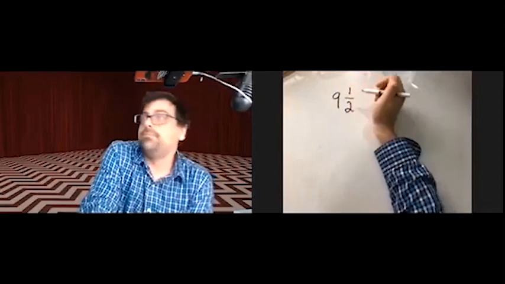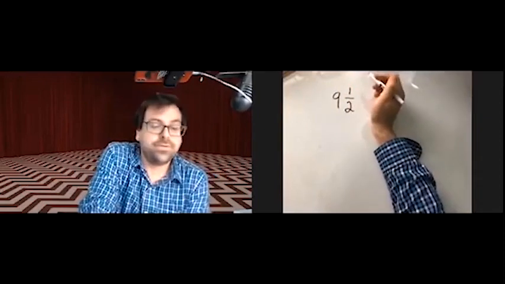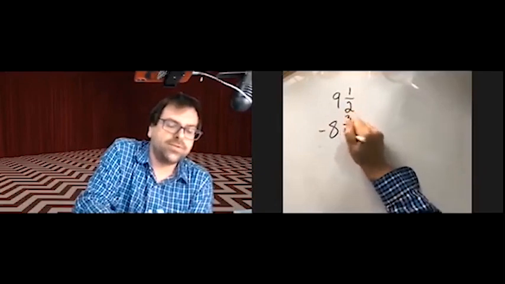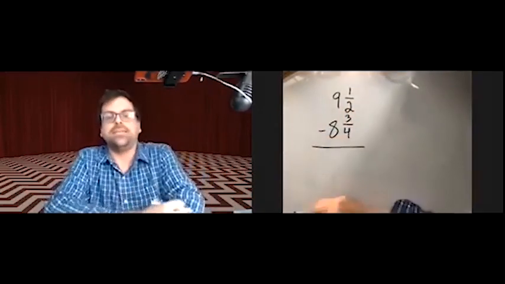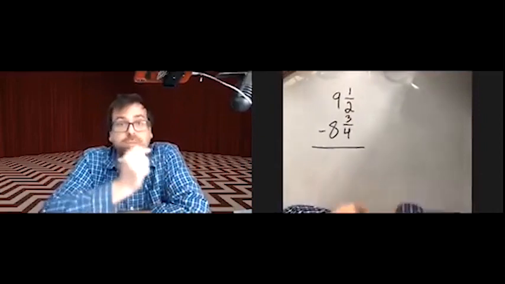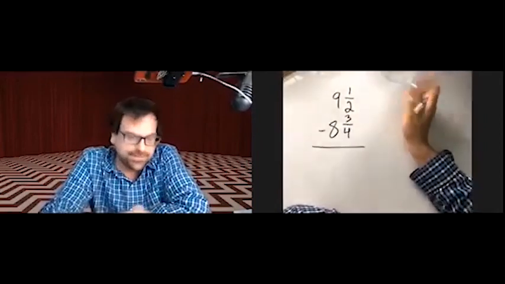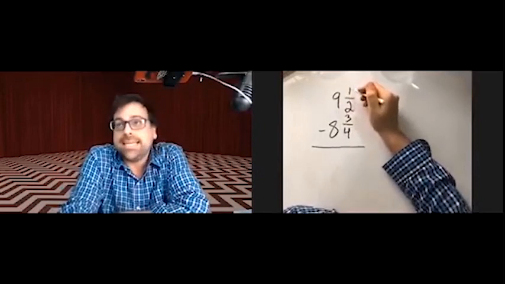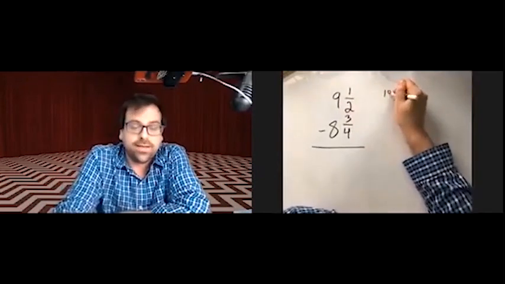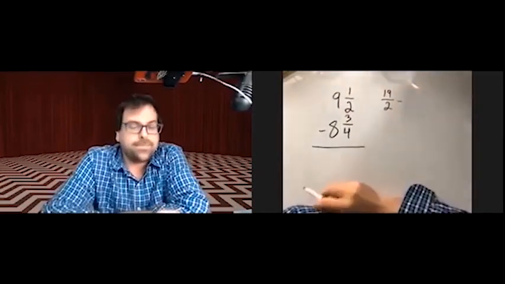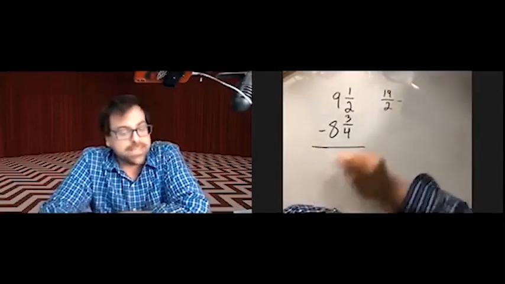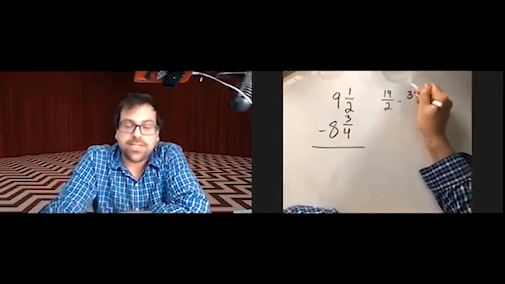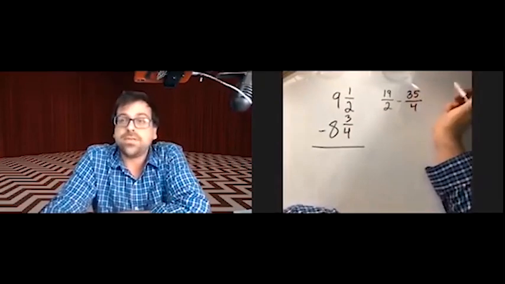Like this one, 9 and a half minus 8 and 3/4. I'm going to do this one as improper fractions first so that we can get the correct answer. This would be 2 times 9 is 18 plus 1, 19/2, minus 4 times 8 is 32, plus 3 is 35/4.